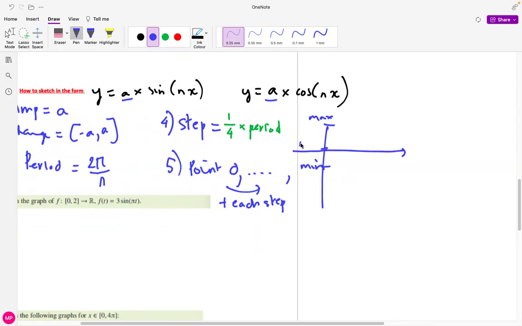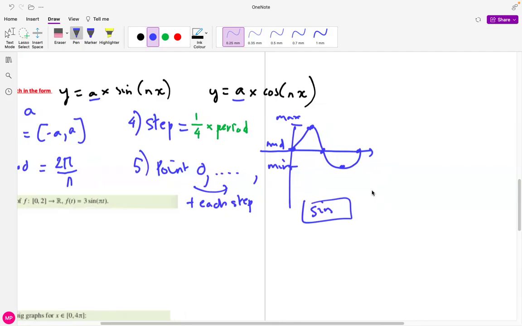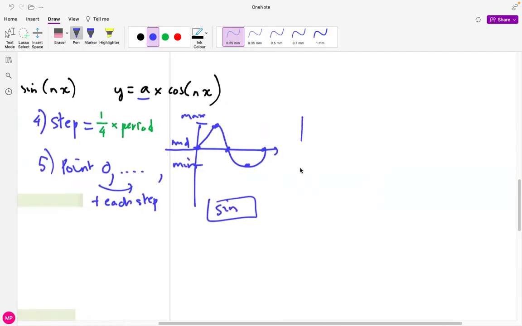So the sine graph starts at the middle, maximum, middle, minimum, and back to the middle. This will give you a period. So this is the positive side. If you have a negative side, it's just upside down. Start from middle, minimum, middle, maximum, and back to the middle. This will be the negative side graph.